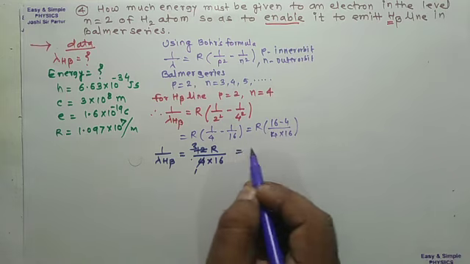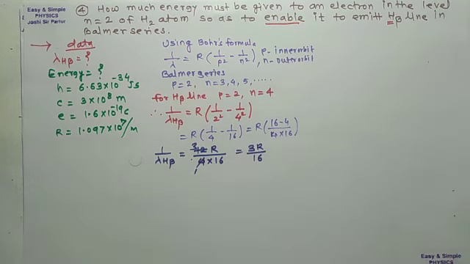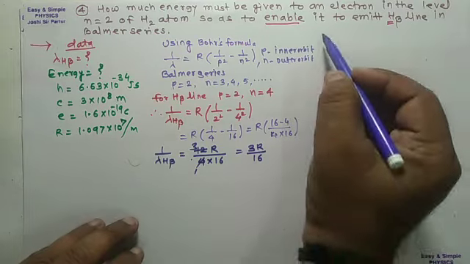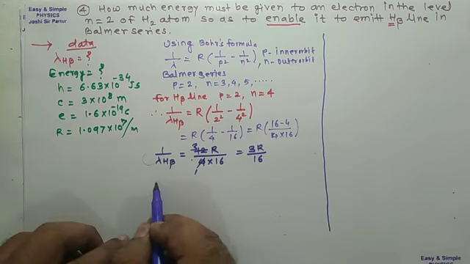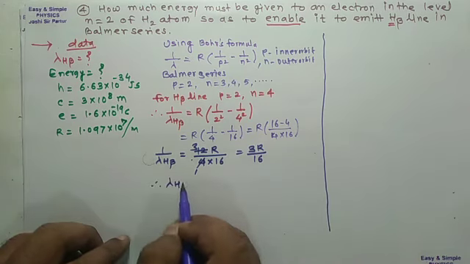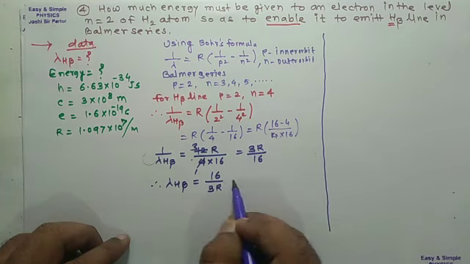That is 3R upon 16. Taking the reciprocal, the wavelength of the H beta line is equal to 16 upon 3R.